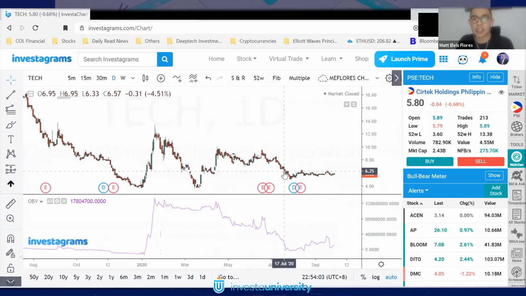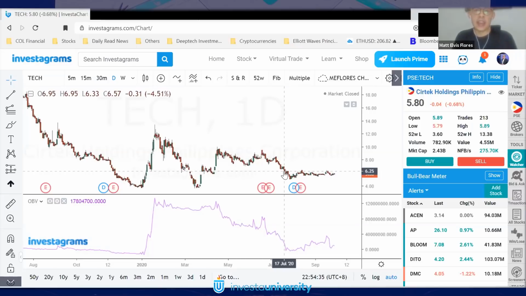Like I mentioned kanina, this is a bonus for the Investa community, InvestaUniversity. Diba? On-balance volume is just a way for you to identify if there's an insider accumulating, or an insider distributing their shares. Diba? Again, I hope marami kayo natutunan when it comes to, or I hope you can take advantage the use of MACD, Relative Strength Index, or RSI.